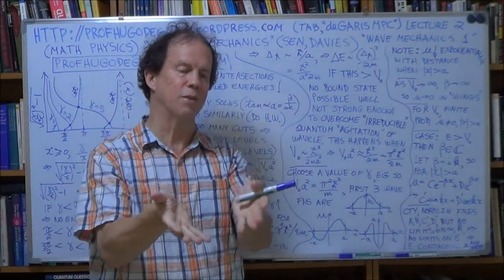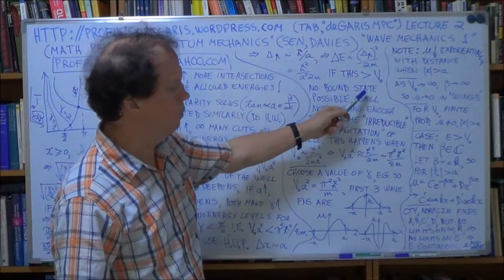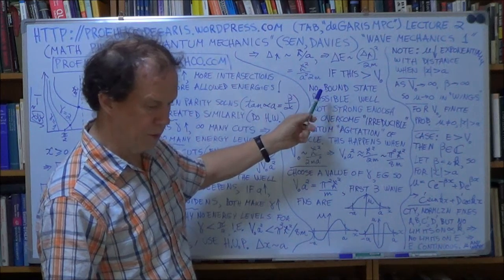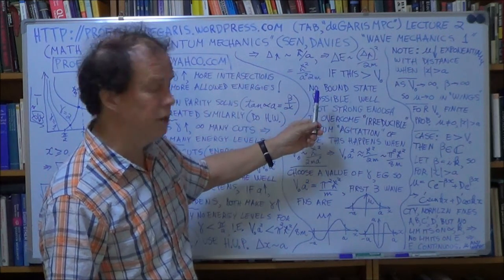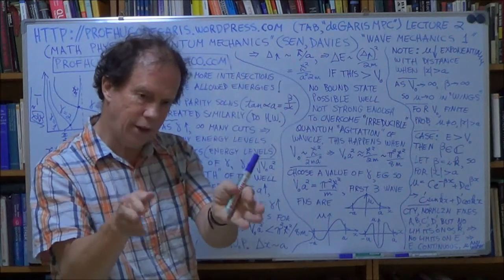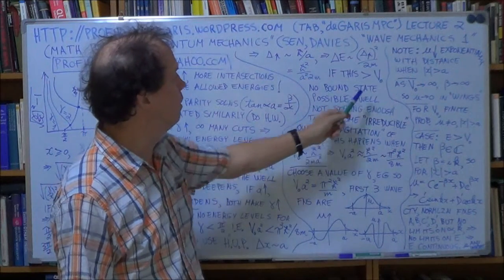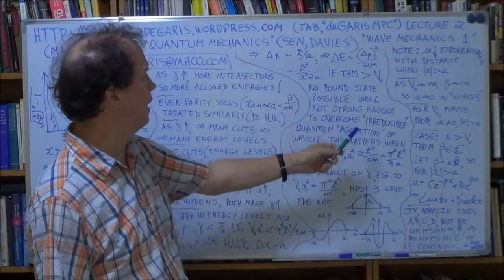It won't be stuck in the well. It'll just get out. So you won't have your eigenstate, your wave function, will not be bound. It won't be confined in that well. Right? It'll be strong enough, in a sense, to get out.